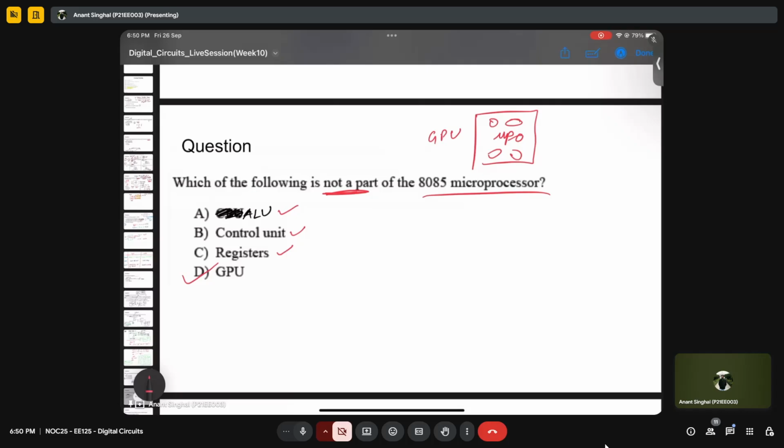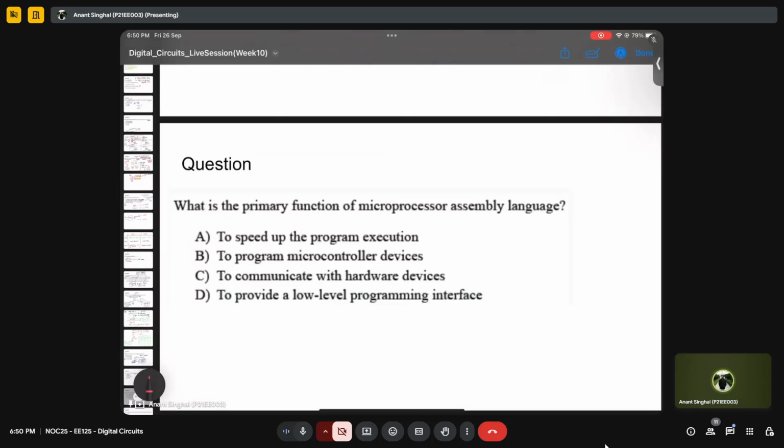It says, what is the primary function of a microprocessor assembly language? I just told you.